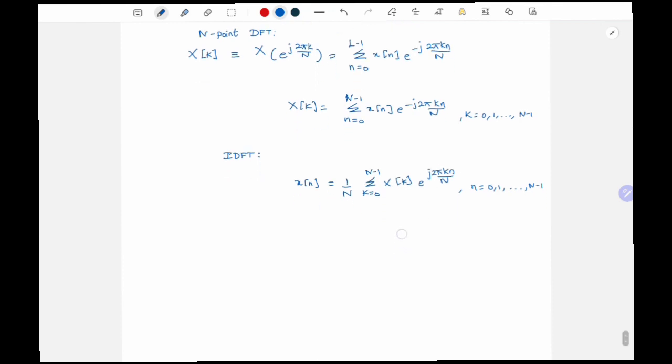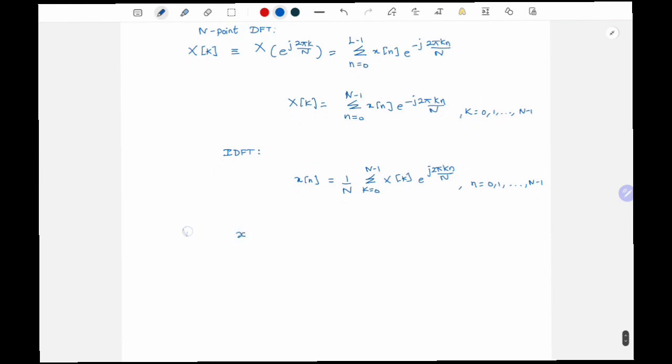And you may ask, when x[n] is of duration L, length L, why do we go for some N greater than or equal to L?